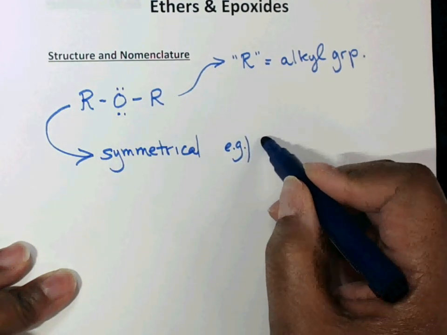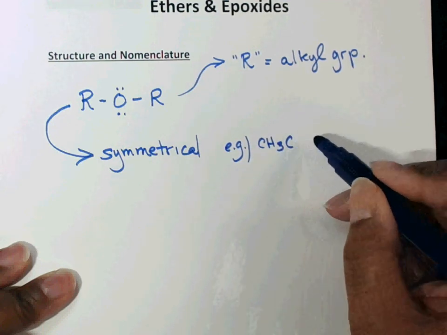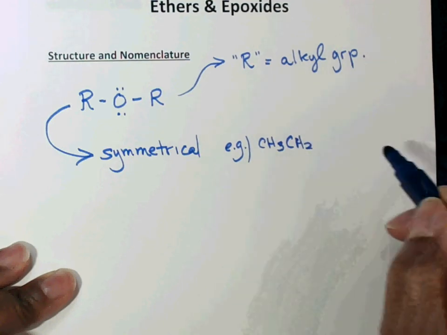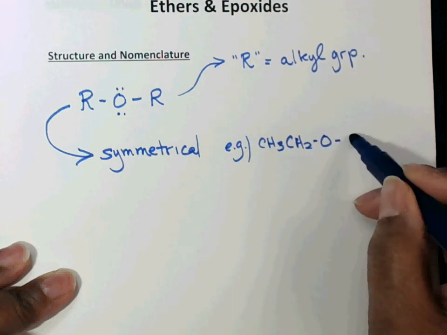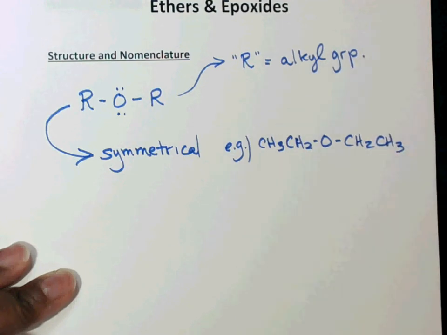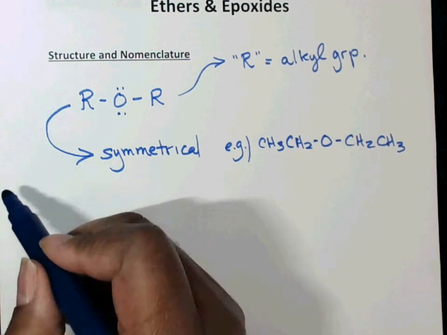So, for example, if I were to have two ethyl groups attached to the oxygen, the ethyl groups obviously are the same, so this would be classified as symmetrical.